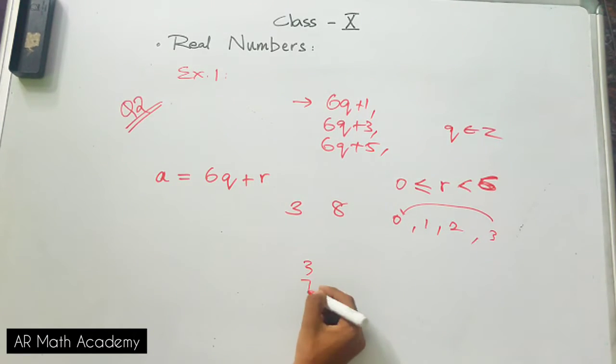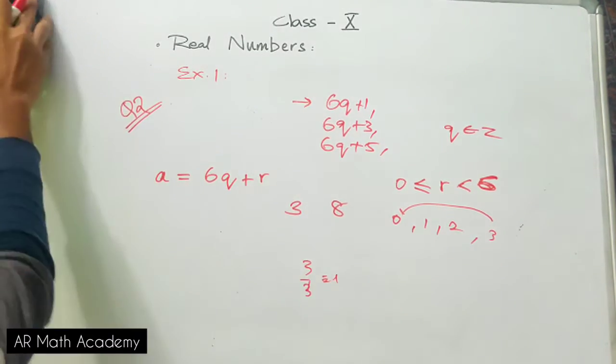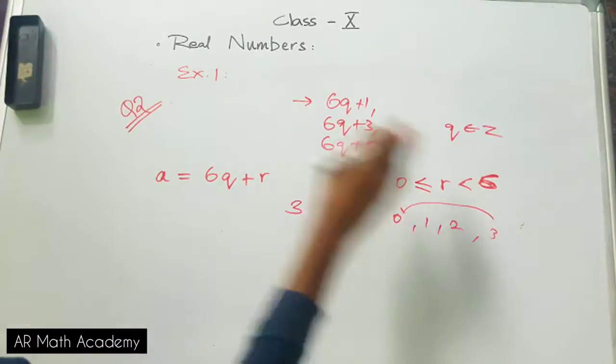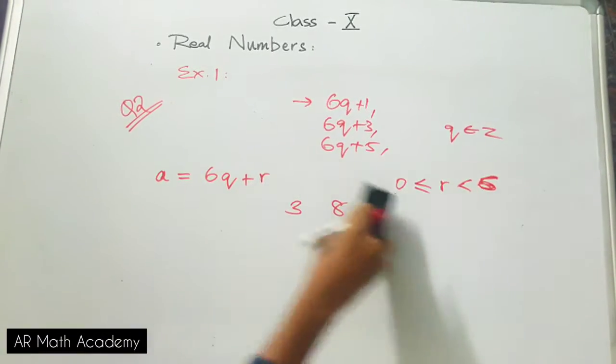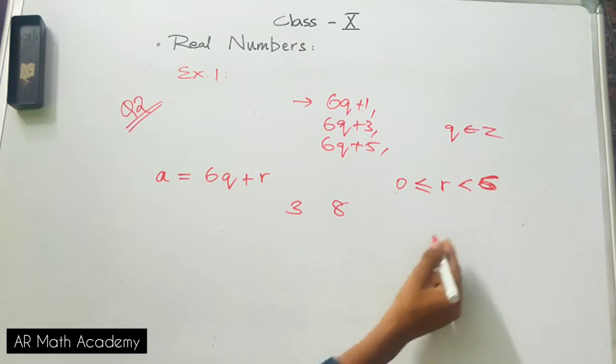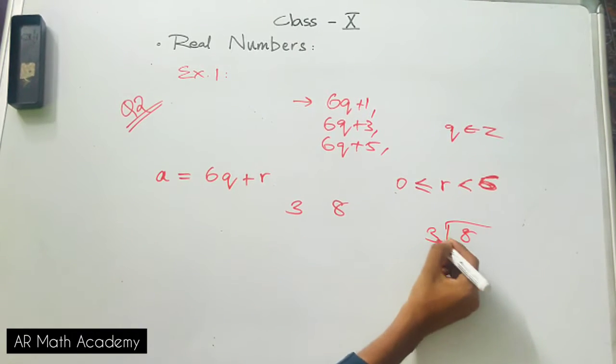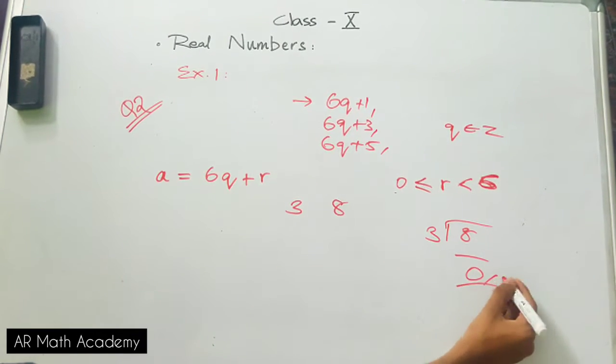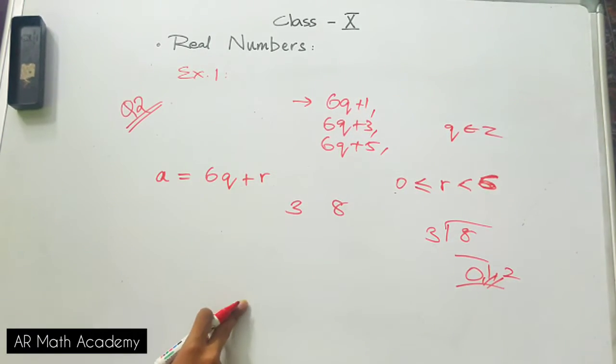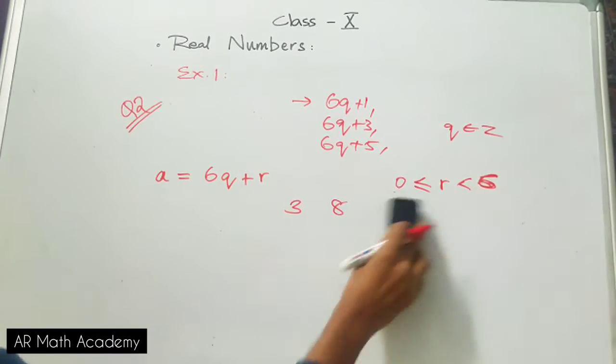This might be a bit confusing, but just remember that your remainder cannot exceed your divisor. This is your divisor, and the outcome you get over here is your remainder. So your remainder can only be 0, 1 or 2 when your divisor is 3.